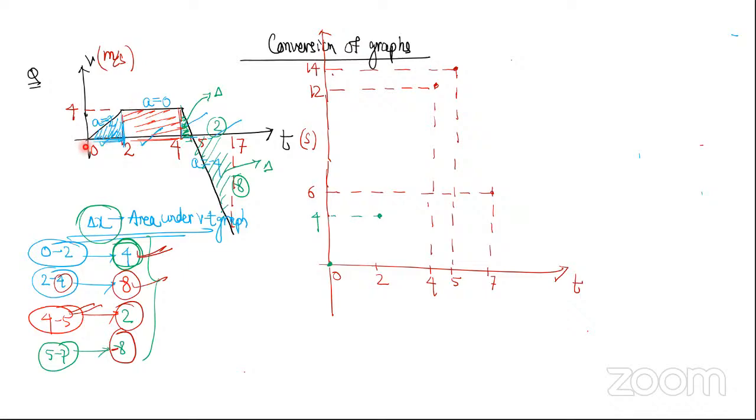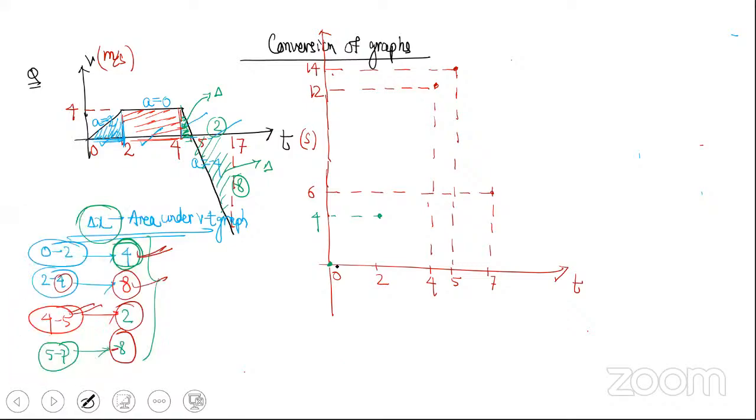What was it from 0 to 2? Sir, constant velocity. No, from 0 to 2 velocity is increasing, it is constant acceleration, right? It's constant acceleration. What is happening to velocity? It is increasing. So while plotting graphs be careful.